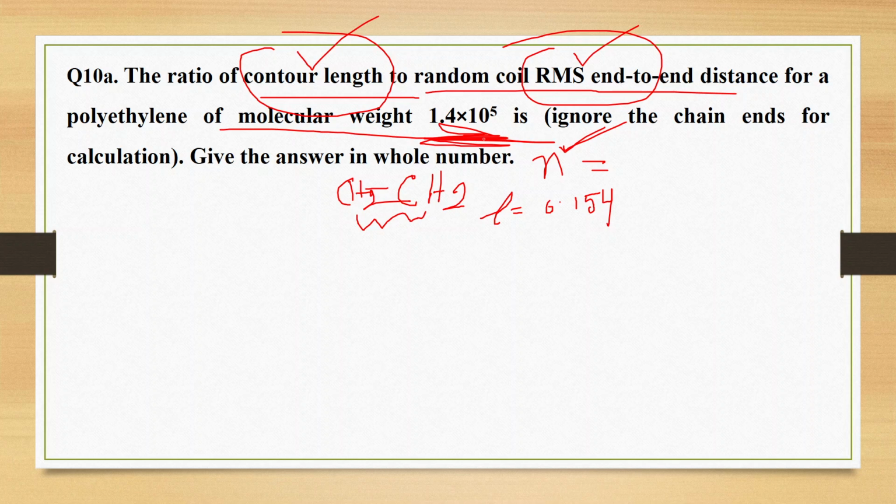15.4. Okay, I have got one answer. That is very quick, thank you. I don't know whether it's correct or not, but thank you for answering it quickly. You know the value for your RMS end-to-end distance for random coils and your contour length as well.